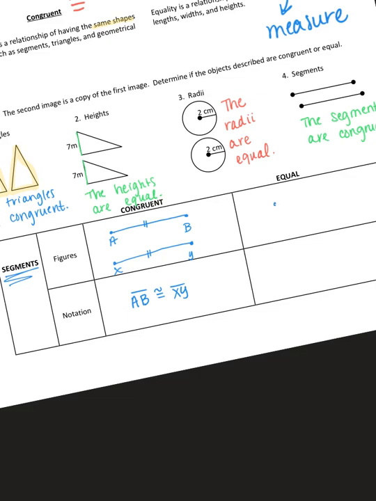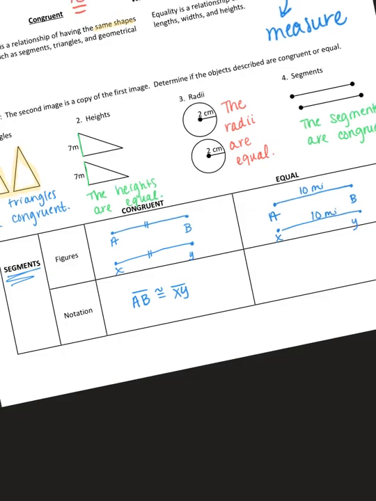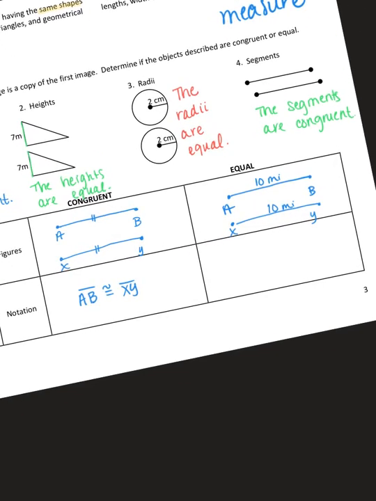So when we look at equal segments, we might have a segment AB, and maybe it has a length of 10 miles. Okay, and then we have another segment, like on a map, XY, and it also has a length of 10 miles. So because these two segments are marked with the same length, they are equal. And the notation looks a little bit different than that.